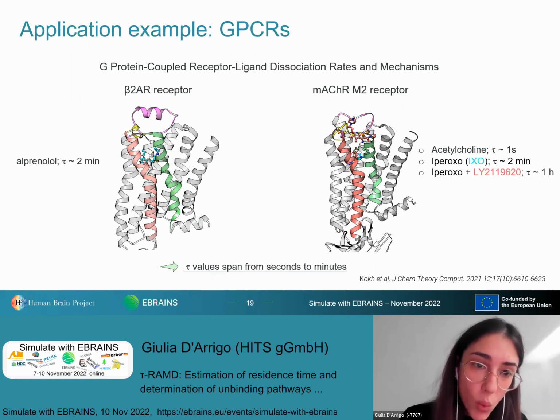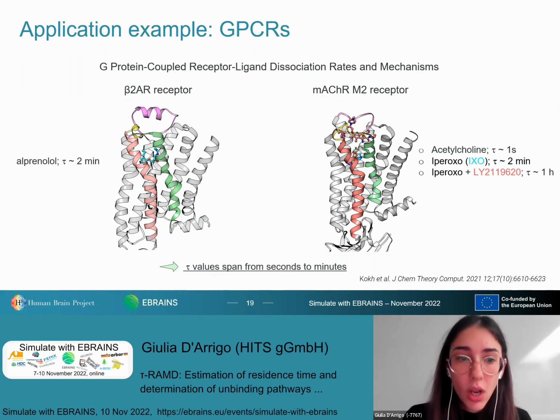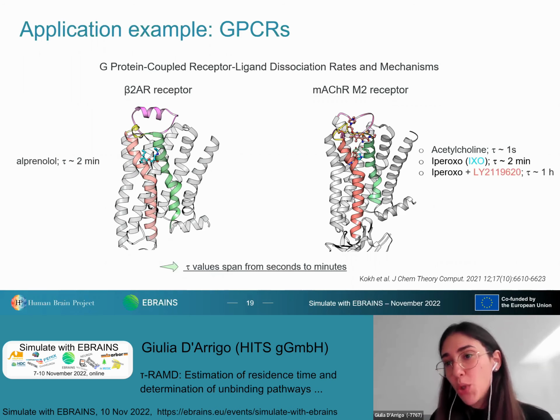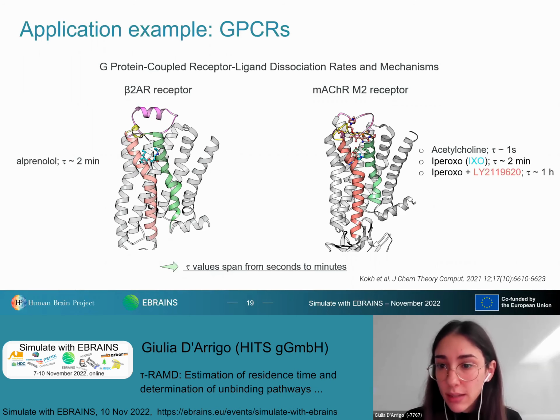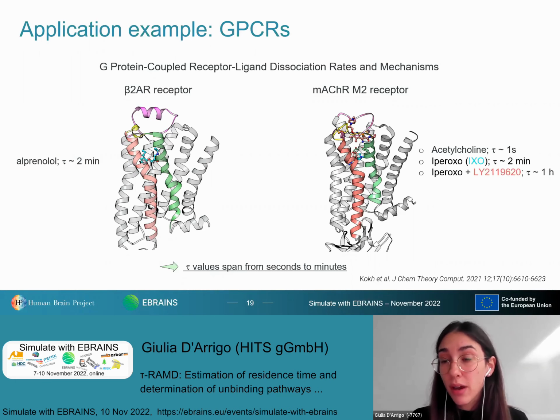Here specifically, we have investigated the behavior of two GPCRs, the beta-2 adrenergic receptor and the muscarinic receptor. In particular, for the beta-2 adrenergic receptor, we have simulated alprenolol. And for the M2, we have simulated acetylcholine, the iperoxo, and the iperoxo in complex with a positive allosteric modulator.